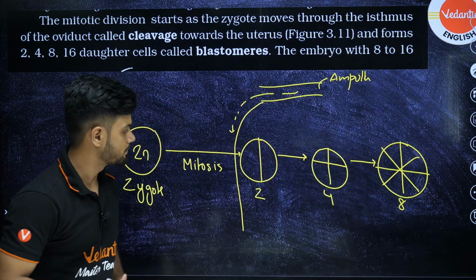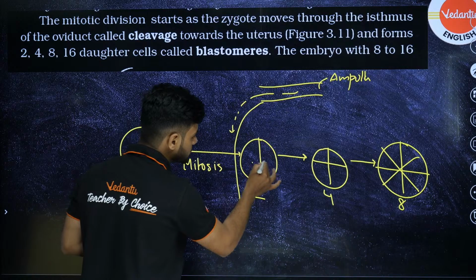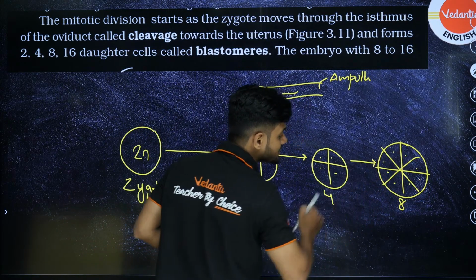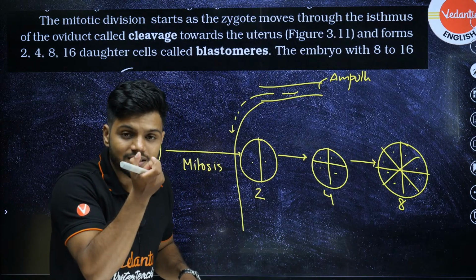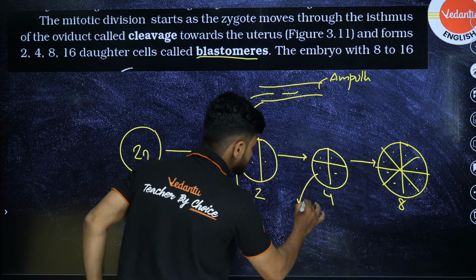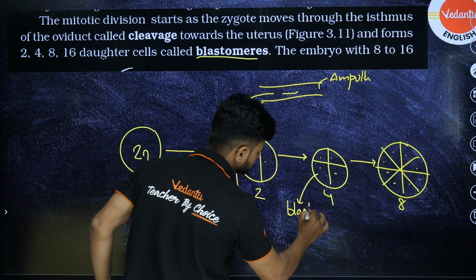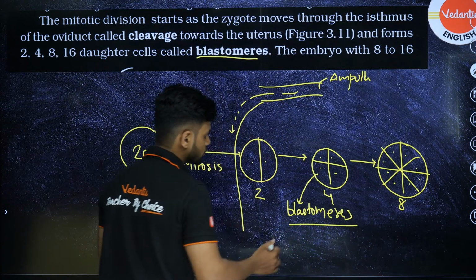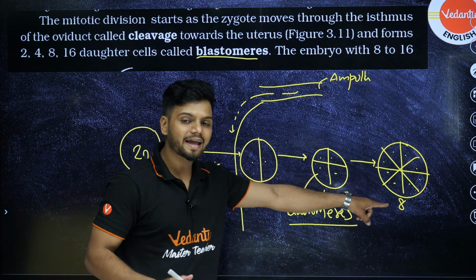Now listen to me very carefully. I told you, 2 cell stage, 4 cell stage, 8 cells. The cells I am talking about here are also called blastomeres. So 2 blastomeres, 4 blastomeres, 8 blastomeres.